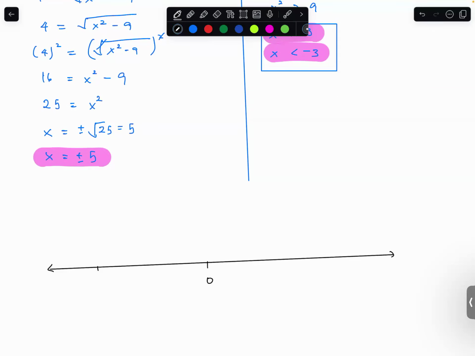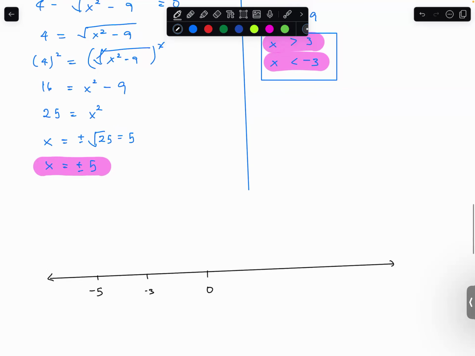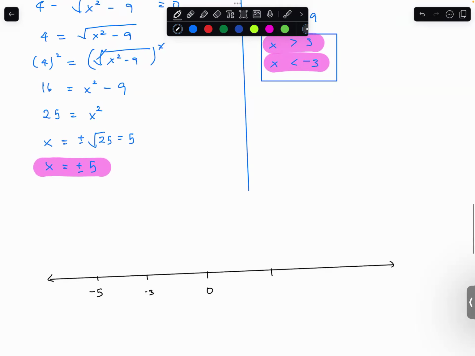On this side, our numbers of interest are -5 and -3. And on the other side, we have 3 and we have 5. So this is positive infinity here, and this is negative infinity here.